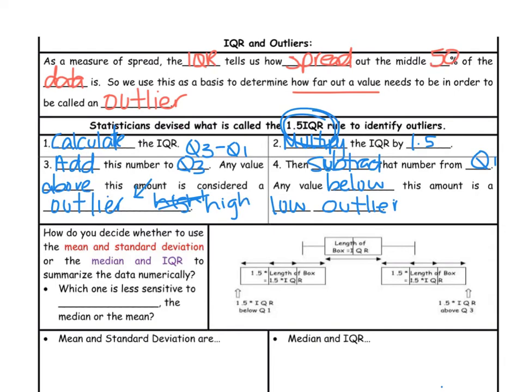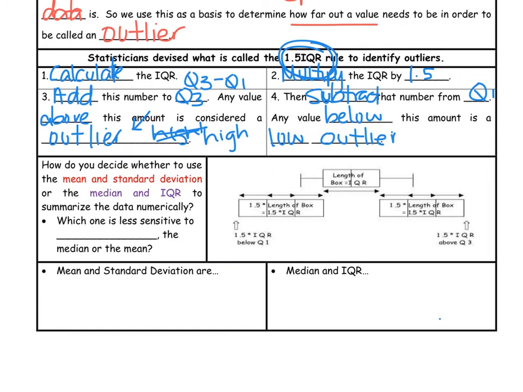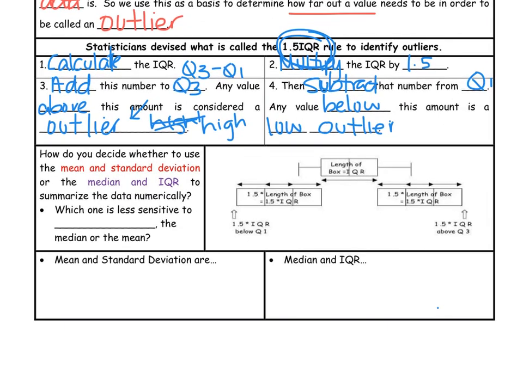So how do you decide whether to use the mean and standard deviation, or the median and the IQR, to summarize the data numerically? That's what we're going to take a look at real quickly. Which one is less sensitive to outliers? We talked about this with mean and median. The mean and standard deviation go hand in hand when we're talking about a set of data.